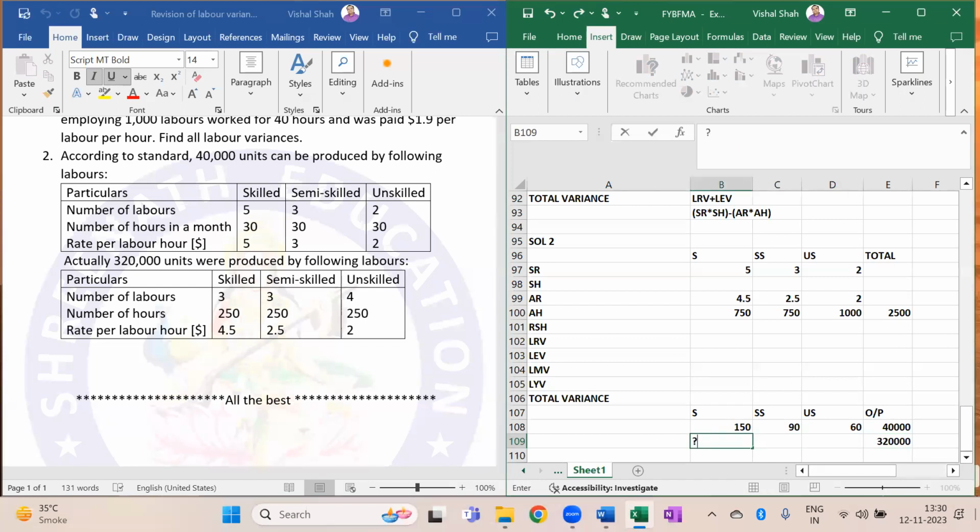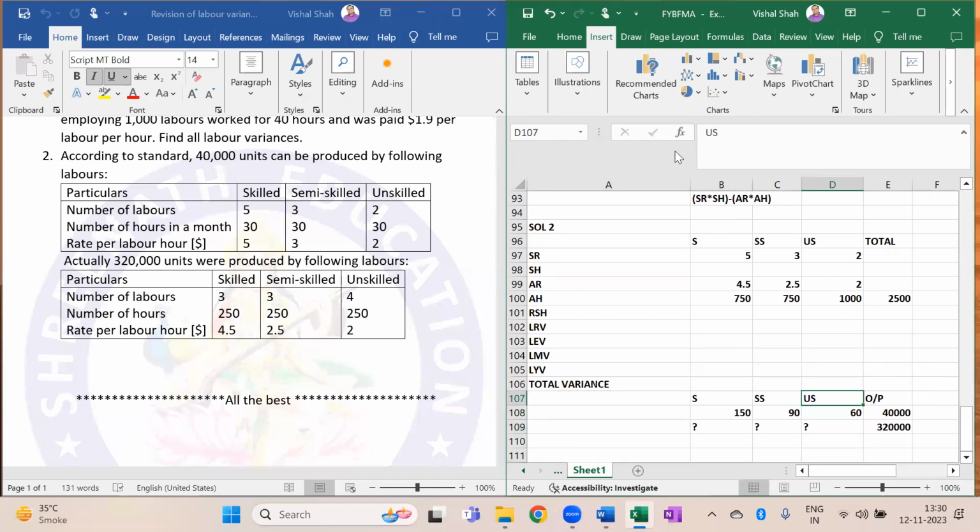Cross multiply. 150 into 3,20,000 divided by 40,000.